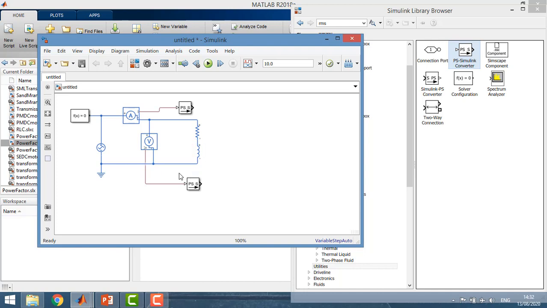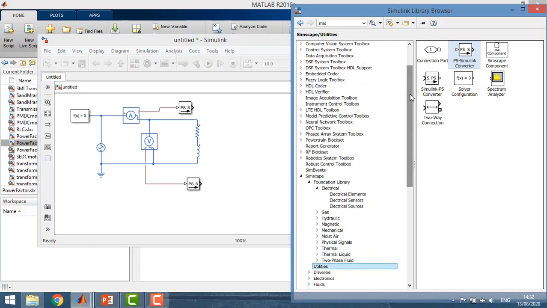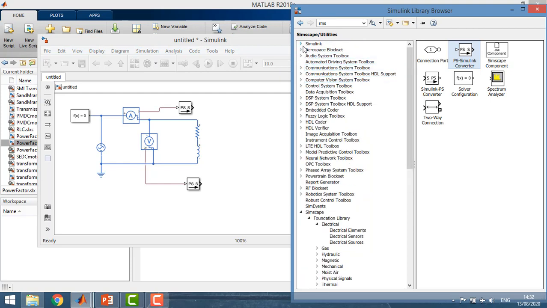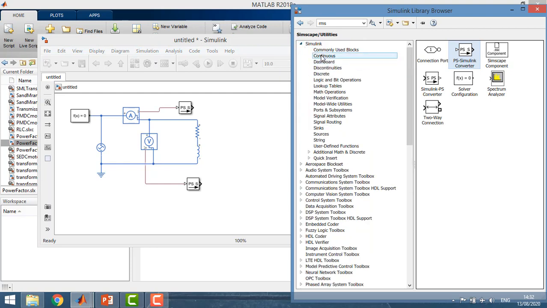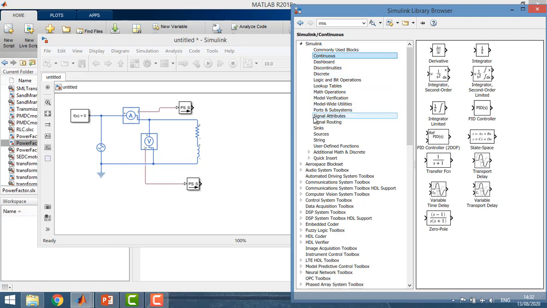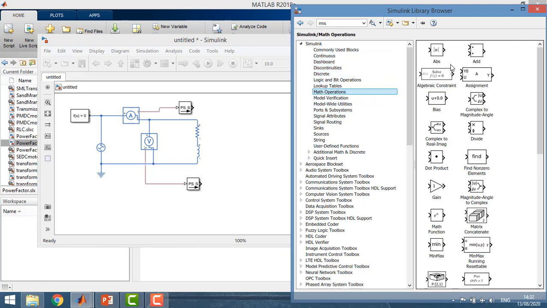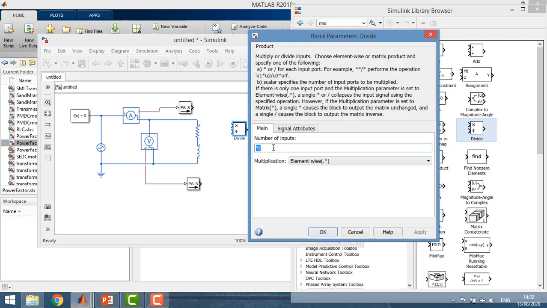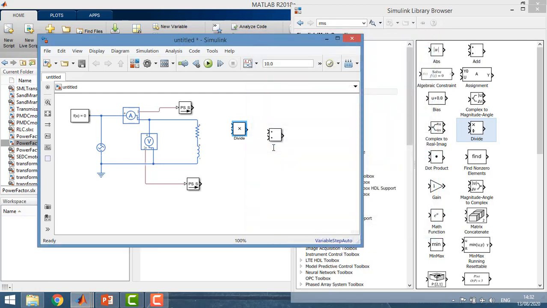Now let's go and bring the other components. Can use multiplication. So basically we just need to change it to multiplication.